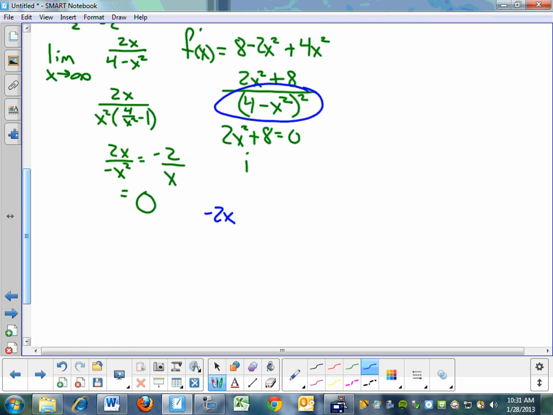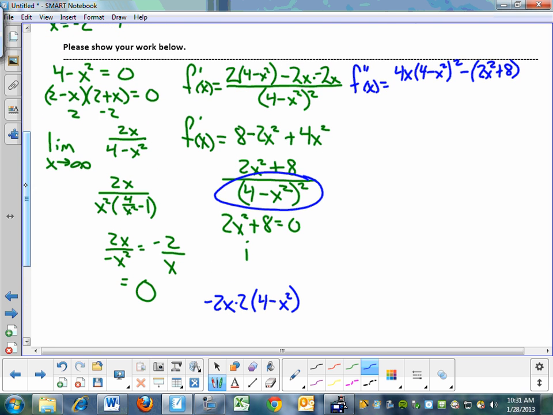Negative 2x. The derivative of the outside, I bring the 2 out front, 4 minus x squared, that's the inside, and we reduce the exponent by 1. So we have negative 4x times 4 minus x squared, all over the bottom squared, which is 4 minus x squared, quantity squared.